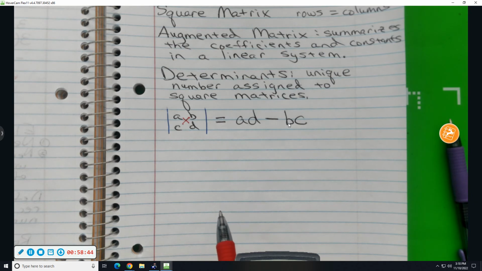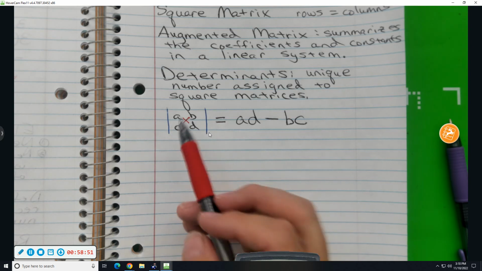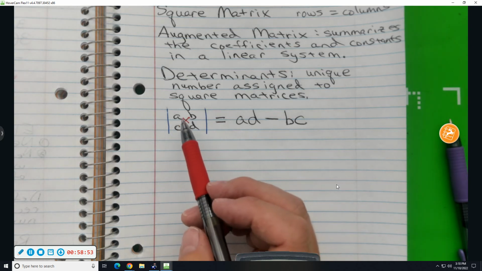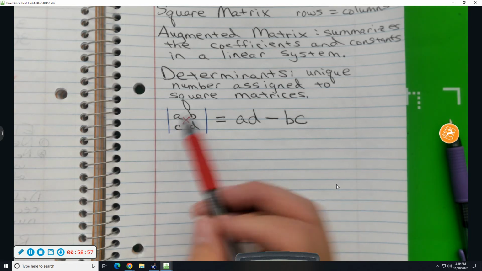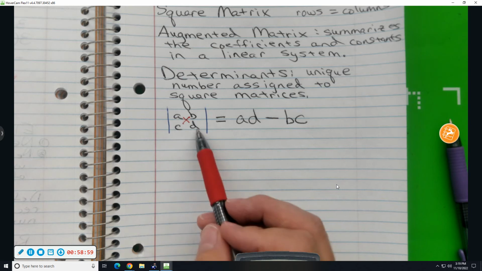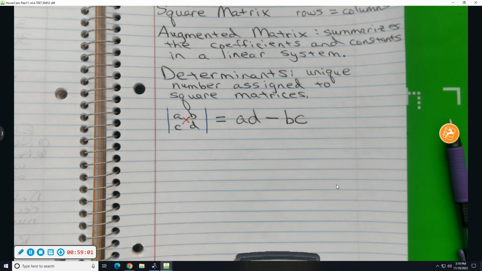Make sure you do not go BC minus AD. You'll get it wrong every time. Even with the 3 by 3 determinant, you always start in the upper left-hand corner. Multiply, minus, multiply. Always start with that first number.